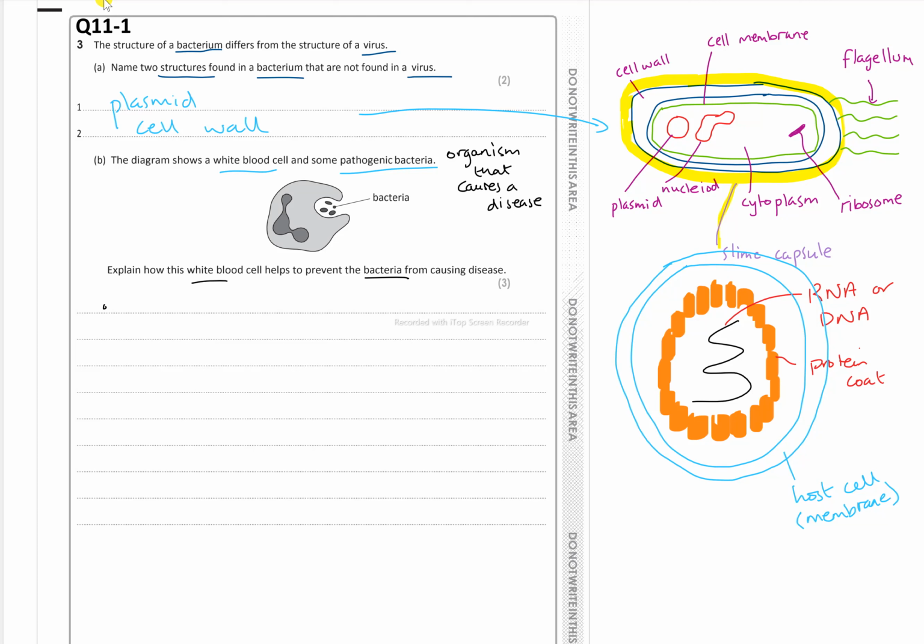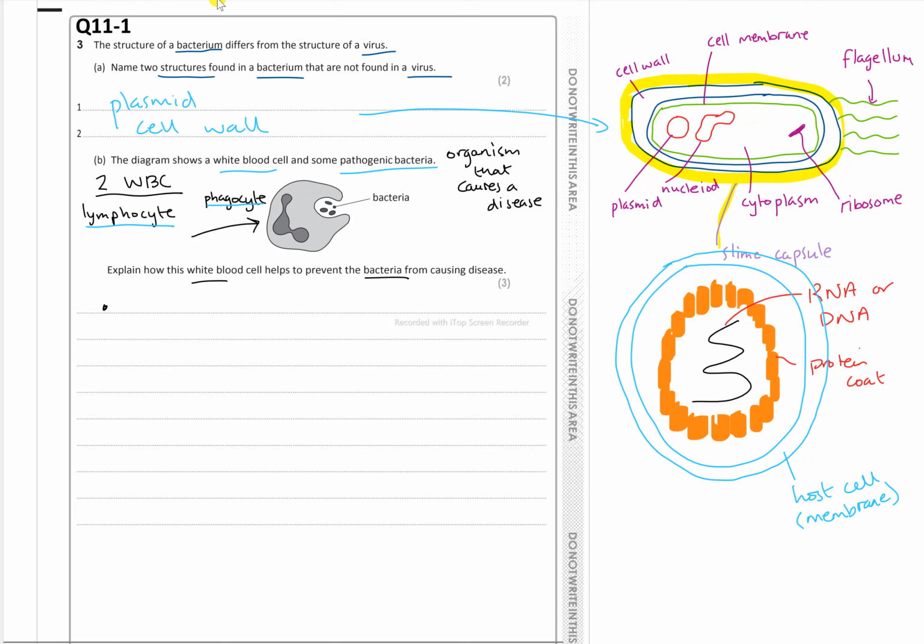So this here, remember there's two types of white blood cell. A lymphocyte and a phagocyte.